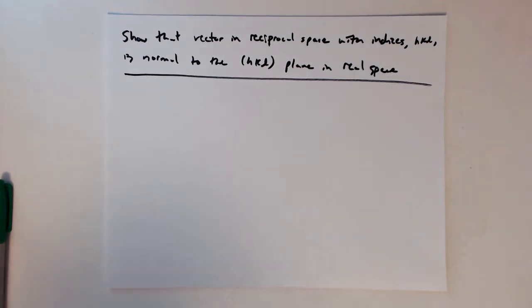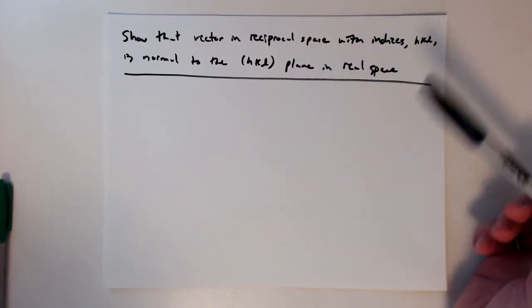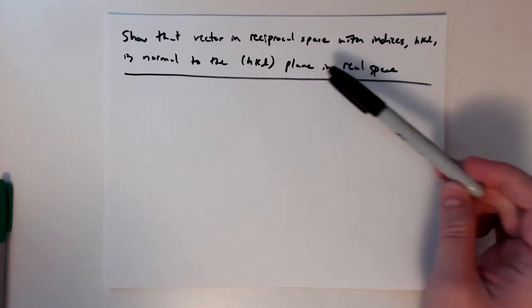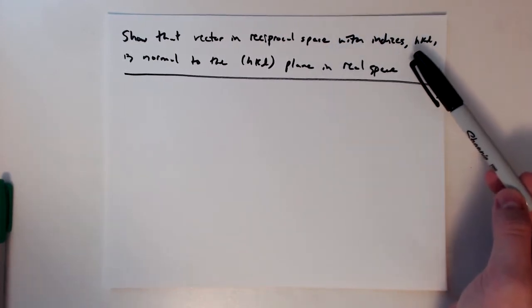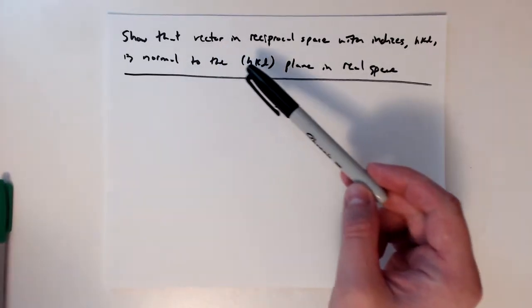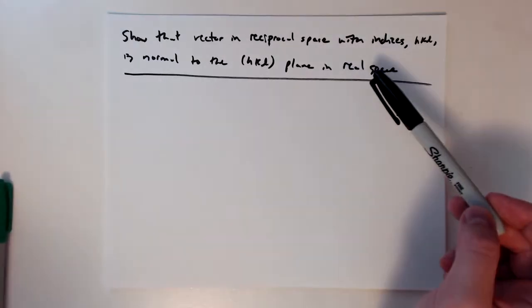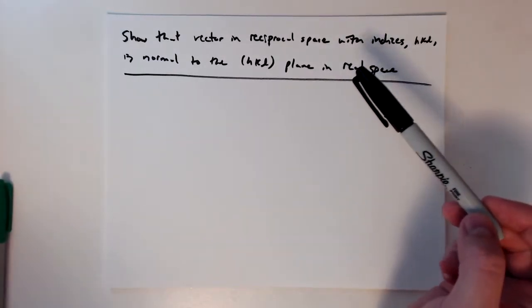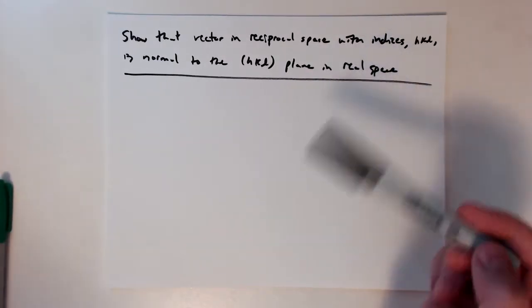All right. Another thing I want to sort of prove to you when we're dealing with reciprocal lattices is that if we have a vector in reciprocal space and we define the indices of that vector as HKL, that is going to be normal to the HKL plane in real space, right? I've told you this is the case, but I want to show you this is the case.